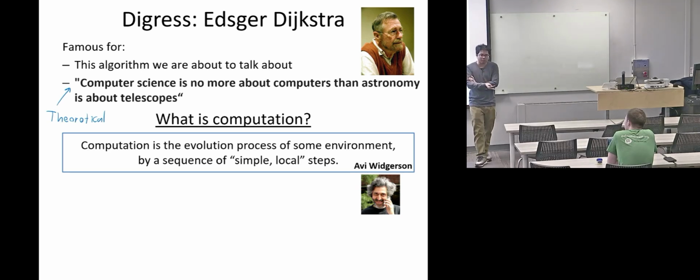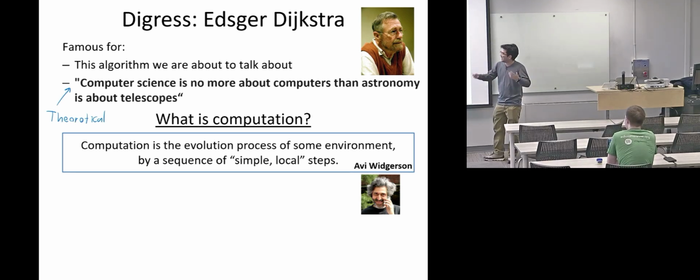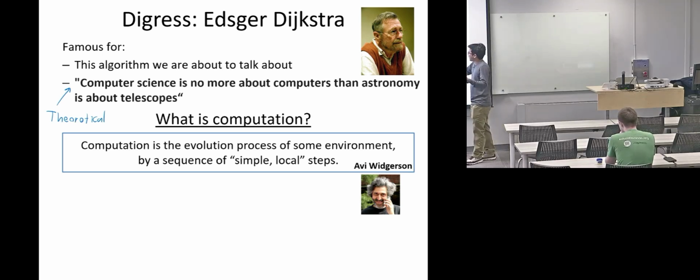That's the case for a computer: you have an algorithm, and the environment is just a sequence of bit strings, and you keep updating using some local step. Think of a Turing machine, for example. The configuration of a Turing machine is updated using some simple and local step. And this is true in computers as well.